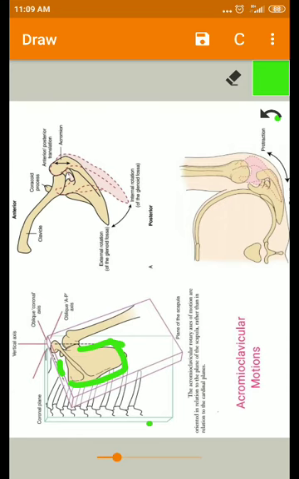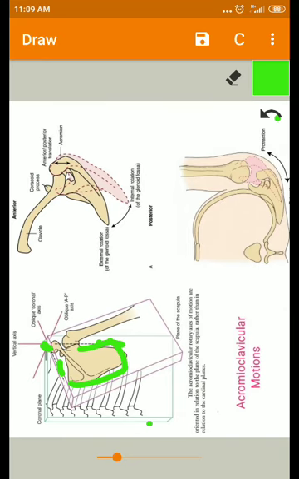And next point you have to mention is what is happening at the acromioclavicular joint, whether it is having any anterior or posterior translation, medial or lateral, or superior or inferior translations. So these 3 points you have to mention clearly.